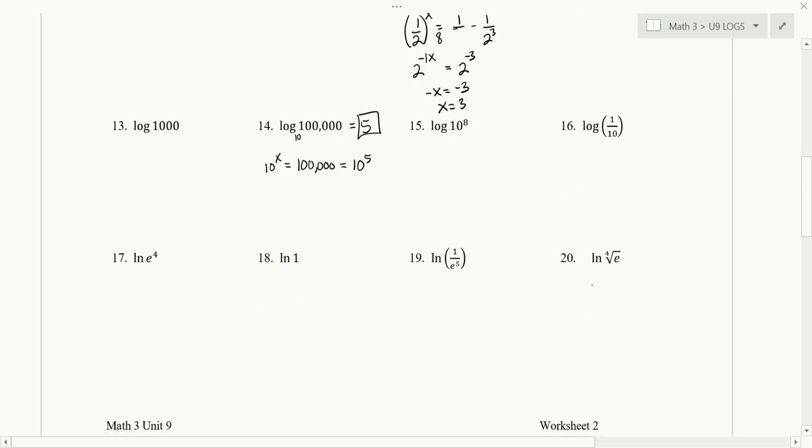Number 20, the natural log works with base e, so this is asking the question e to what power is the 4th root of e. The power of e here is 1, and the root is 4, so this is e to the 1/4, and so our answer is 1/4.